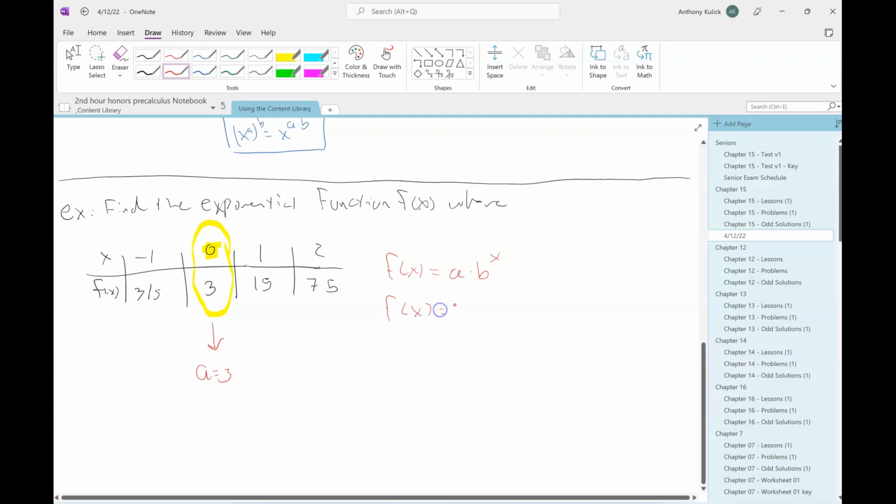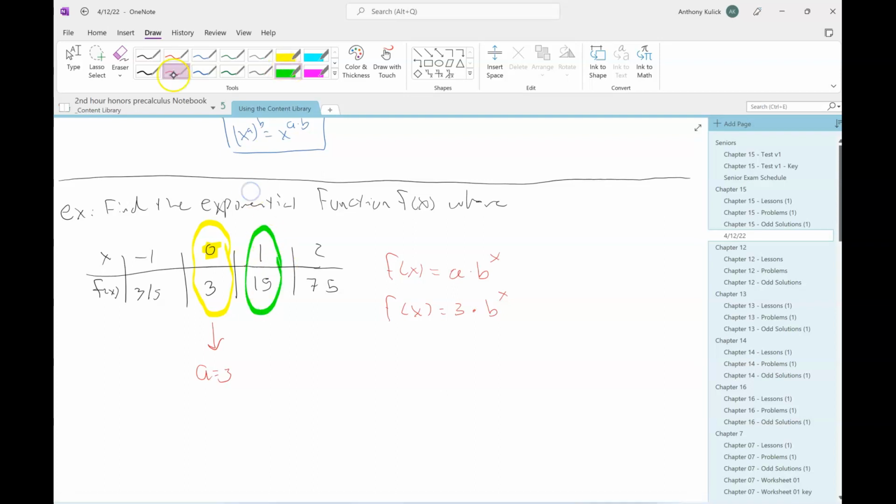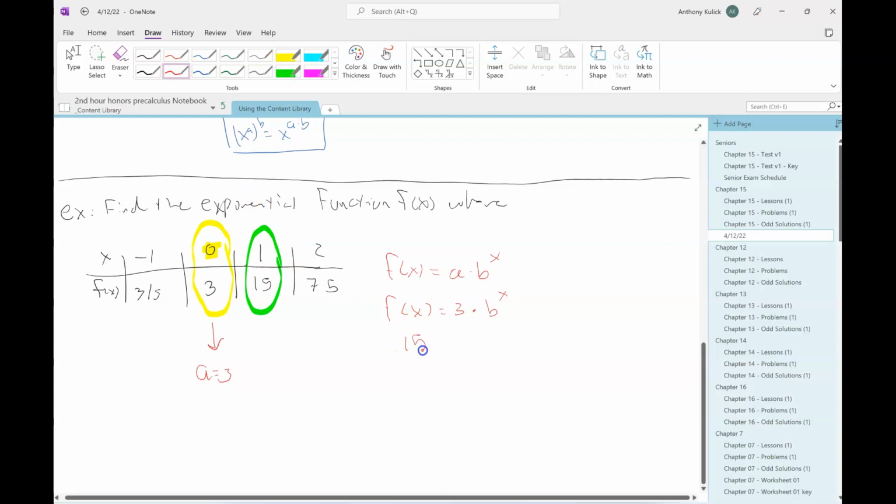And that's wonderful, because now I can take any of these points and plug them in for x and f of x to solve for b. The point I would use is 1, 15, because then I don't have to do any radicals.